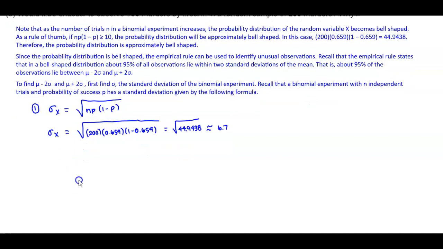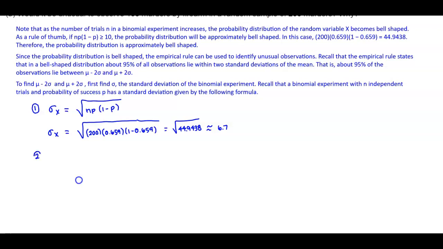Now, to determine if it would be unusual to observe 153 murders by firearm in a random sample of 200 murders, we calculate the following.